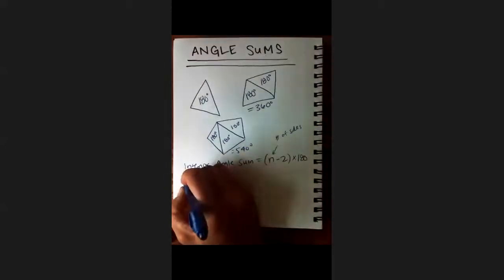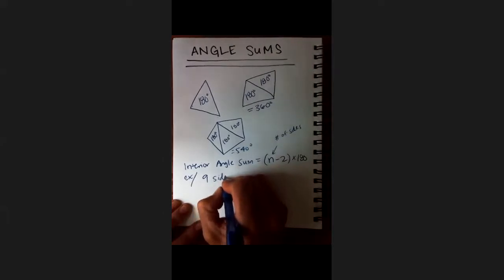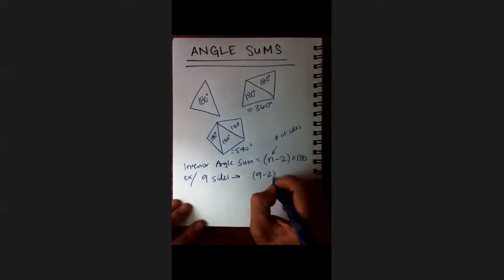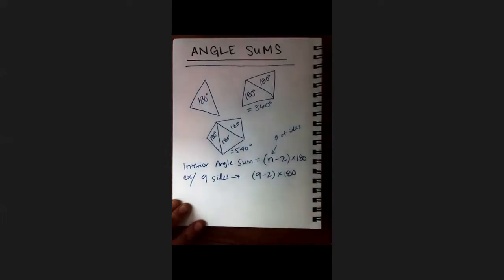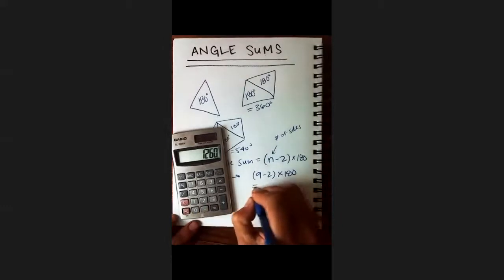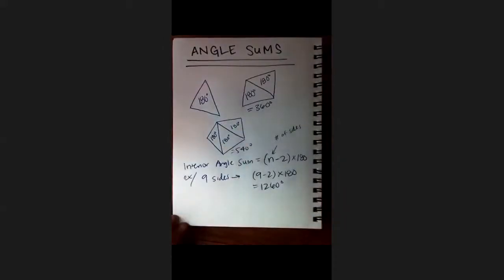For example, if you had a nine-sided polygon, you would just do 9 minus 2. You would just put 9 in place of n. You would get 7, and then you would multiply that number by 180 to get the angle sum for that shape. So this is a really simple way to find the angle sum.